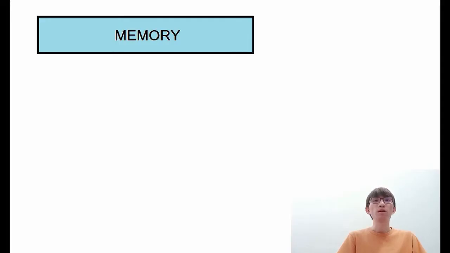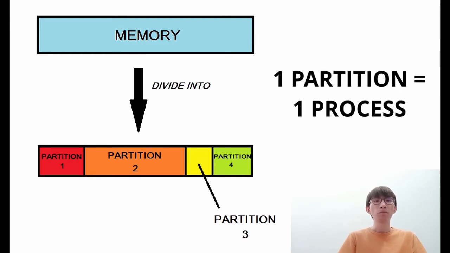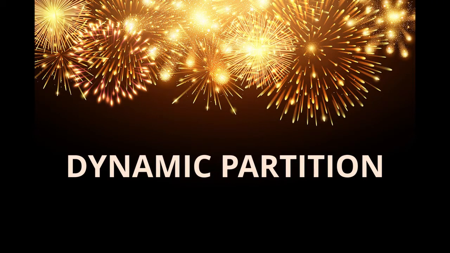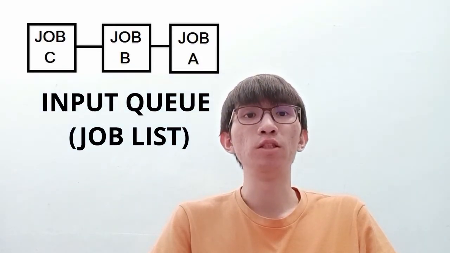In the memory allocation, the memory will be divided into several fixed size partitions. Each partition represents a process. When a process wants to finish their job by entering the system, it will be put into an input queue first, which is the job list.